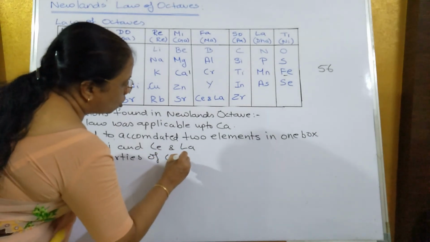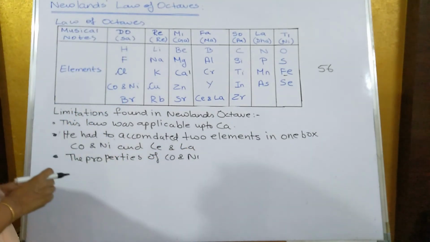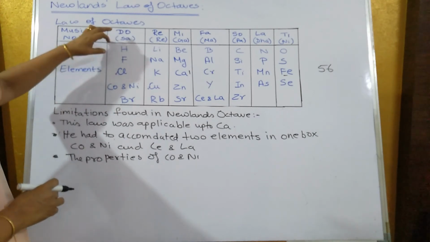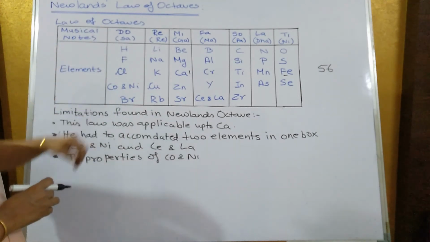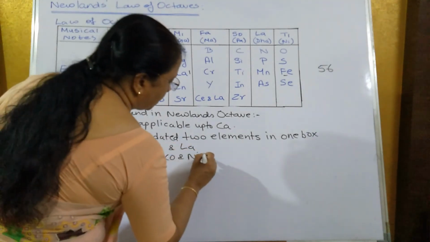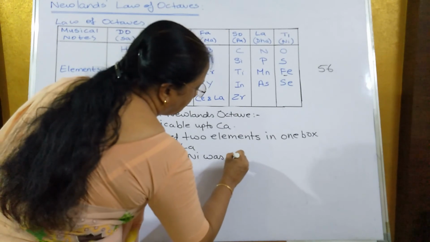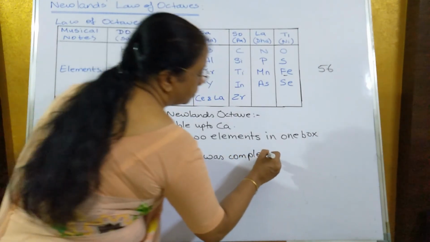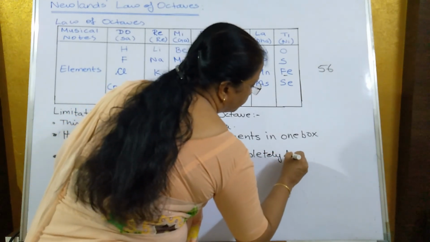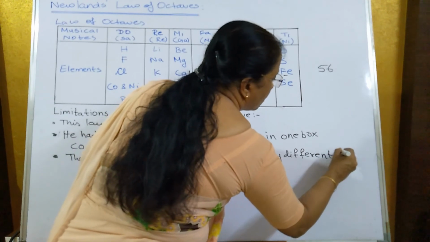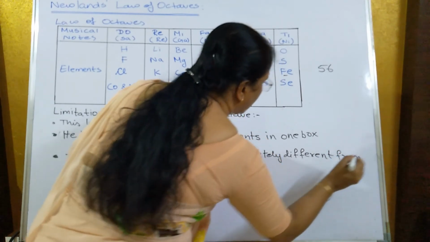Now where are cobalt and nickel placed? Under the note sa, or do. And the properties of cobalt and nickel were completely different from the properties of halogens.